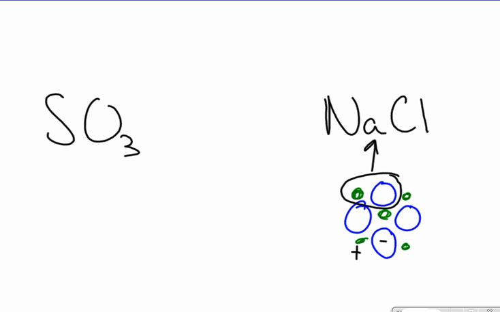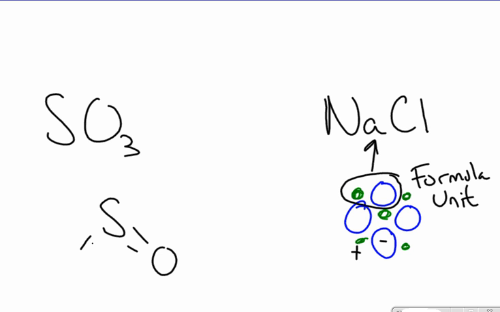And that's for an ionic compound. In an ionic compound, this simplest ratio, sometimes called a formula unit, is the simplest ratio of one element to another in the ionic compound. In covalent compounds, we're actually talking about molecules, where one sulfur atom is bound to 3 oxygens.